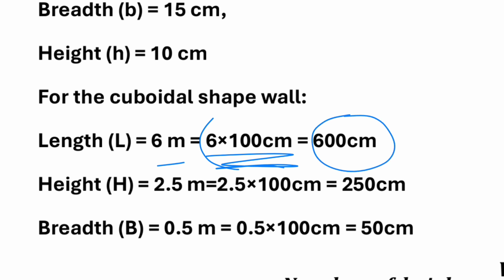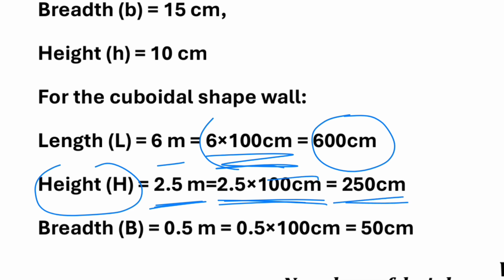Have you got this? Same way, height of the wall, capital H, is equal to 2.5 meter. Now we also convert meter into centimeter. Therefore, 2.5 meter is equal to 2.5 into 100 centimeter, which is 250 centimeter.